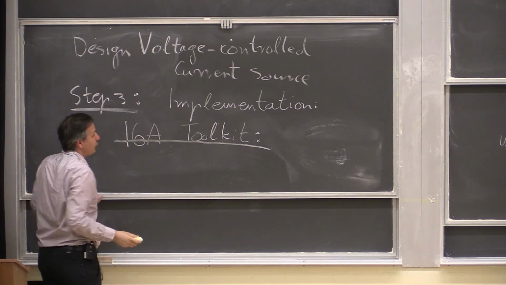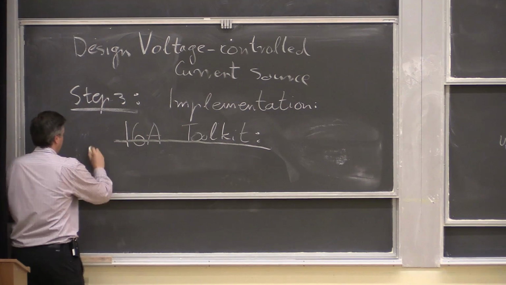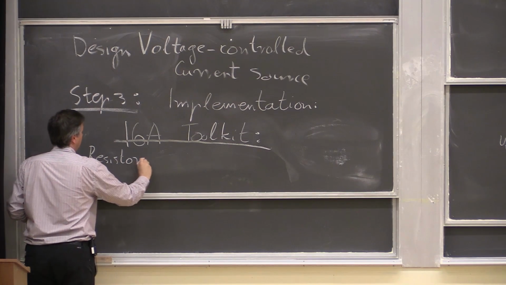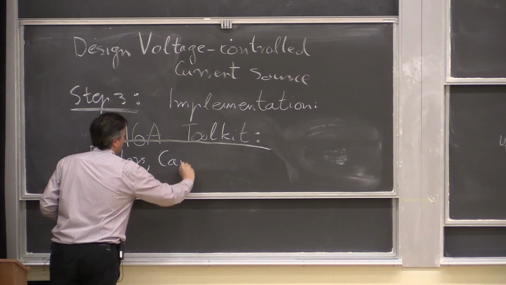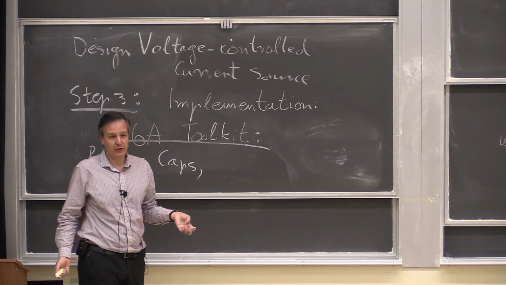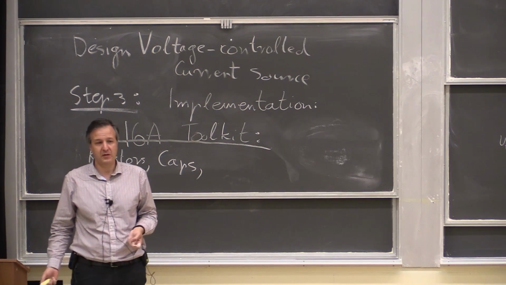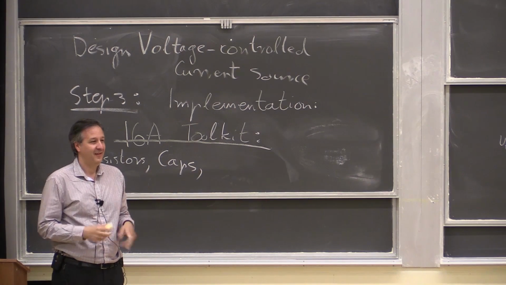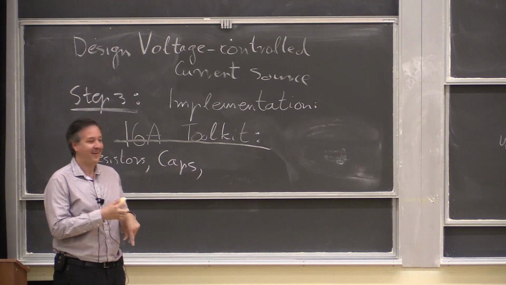Right? So what do you have in that toolkit? You have resistors, caps. What else? What did you learn in terms of circuit components? What's the coolest one? Op-amps, right?